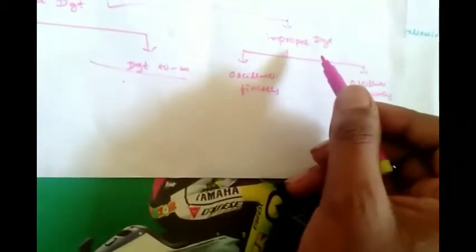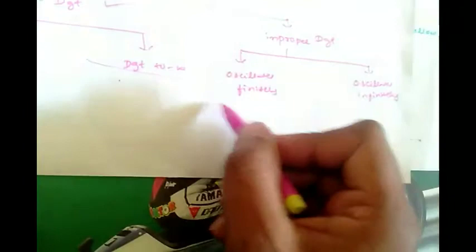Improper divergence means it oscillates finitely or oscillates infinitely. After applying the limit we get oscillatory behavior, but we do not get any infinite value, therefore this is the wrong option, and this is also wrong.